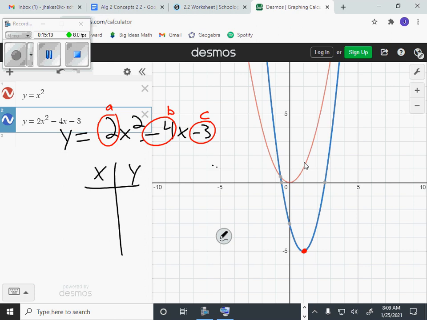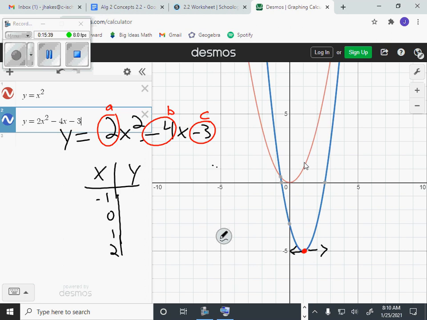I want to be to the left of my vertex and to the right, so I could say 0. 0 is always a good number. Actually, let's say -1, 0, 1, and 2.